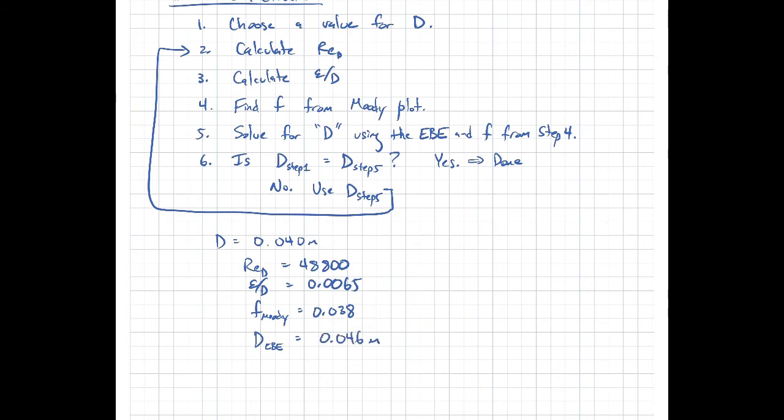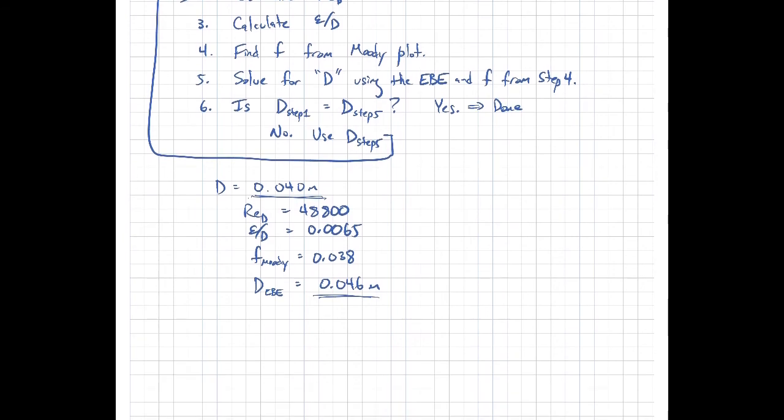So you can see that the guessed value and the diameter we get from the extended Bernoulli equation are different. So then our next iteration would be starting with the 0.046 meters, the one that we got from the extended Bernoulli equation. Reynolds number is 42,400. Relative roughness 0.0057.